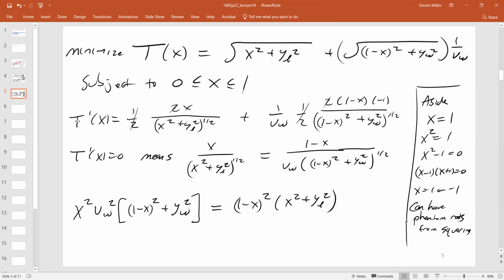What kind of polynomial is this? So what kind of polynomial would this be?